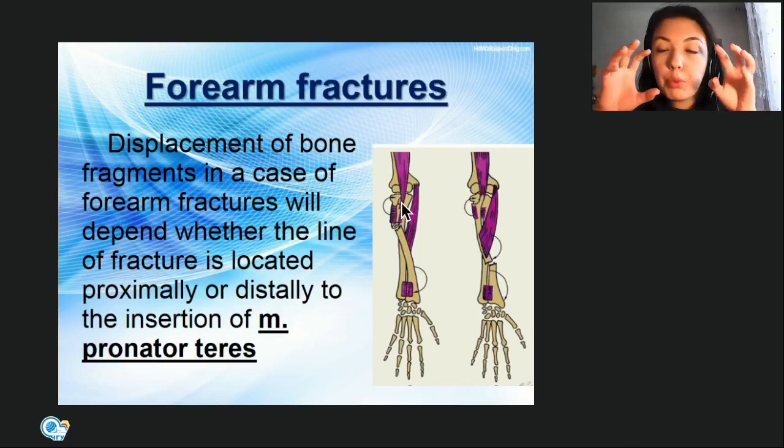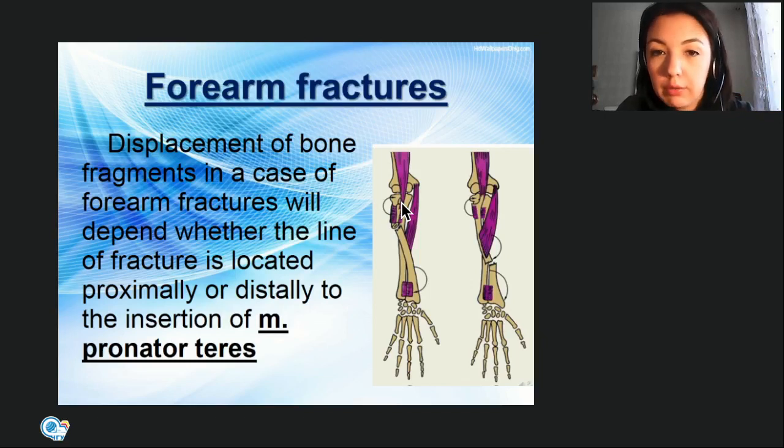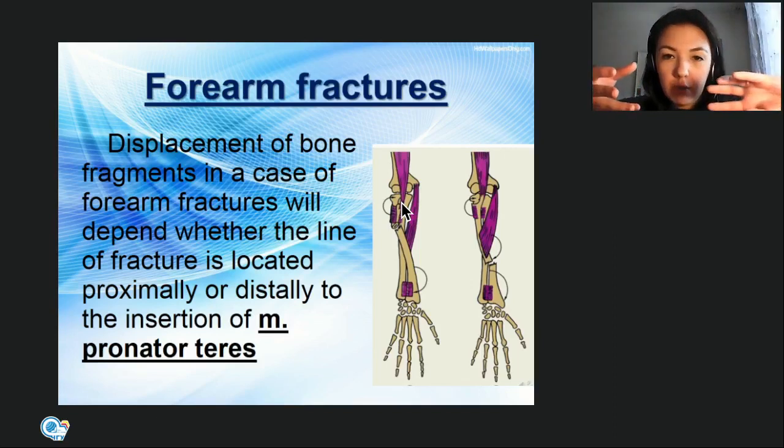And two pronators will be inserted to the distal end of the bone, pronator teres and pronator quadratus. So the distal end of the bone will be extremely pronated. Yes, so the proximal end will be supinated and the distal end will be pronated.